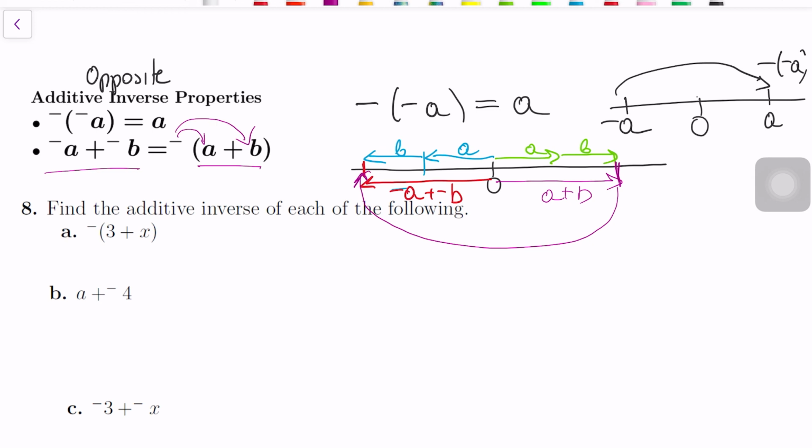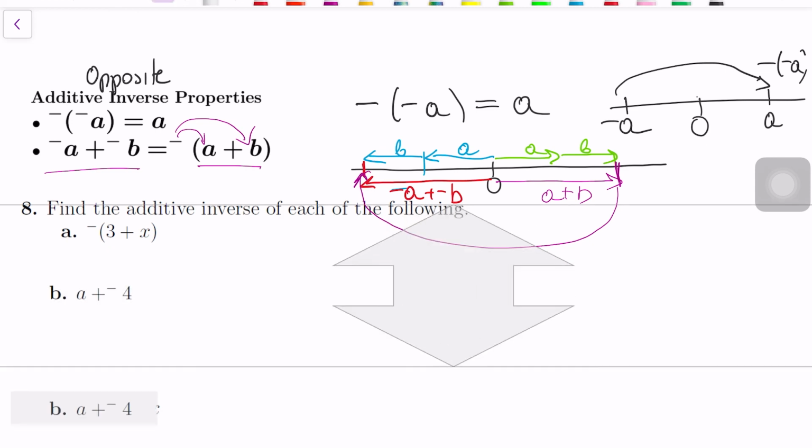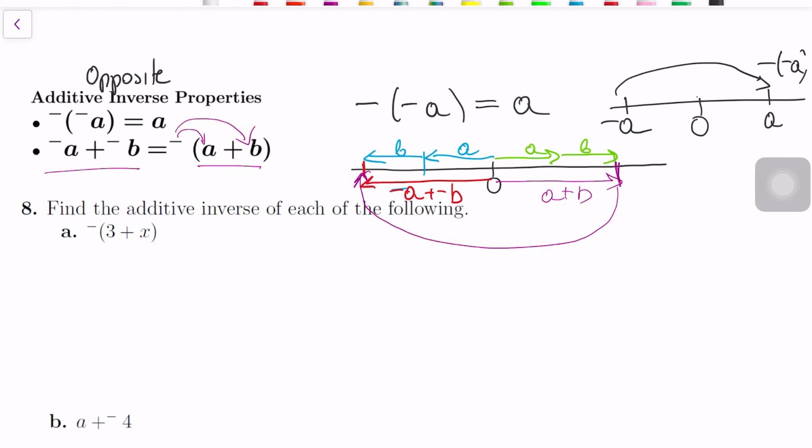So let's find the opposite, the additive inverse, of each of the following. We want to find the additive inverse of this. So I want to find minus of negative 3 plus x. I want to find the additive inverse of the given expression.